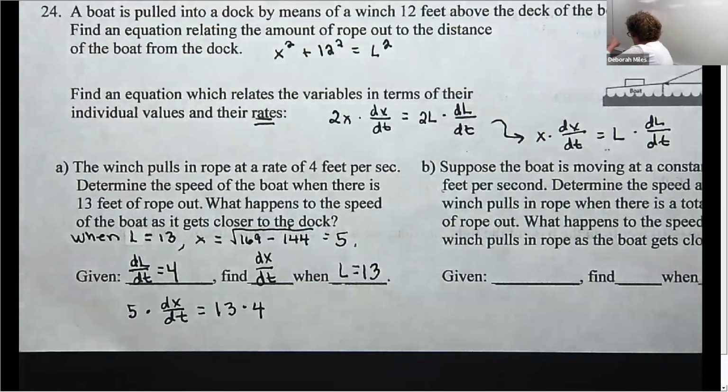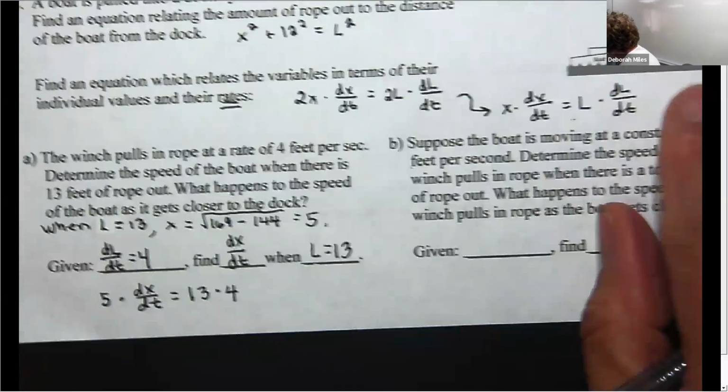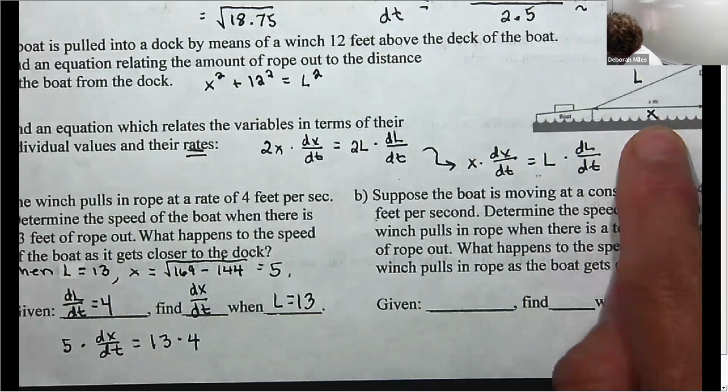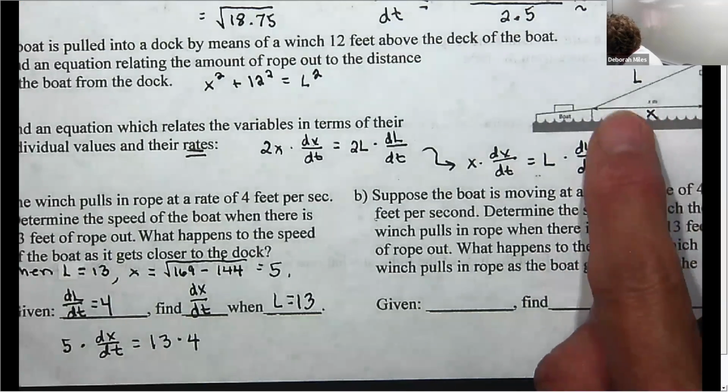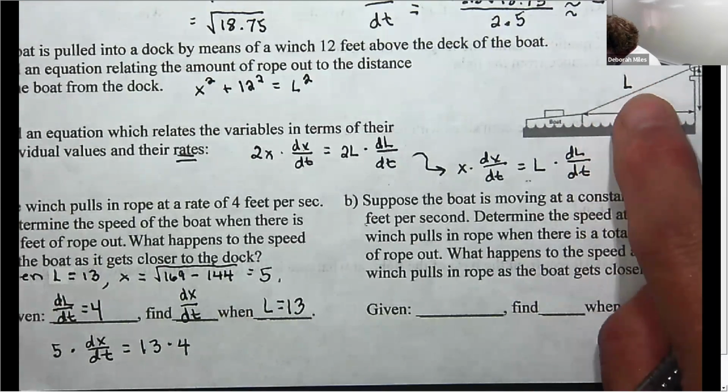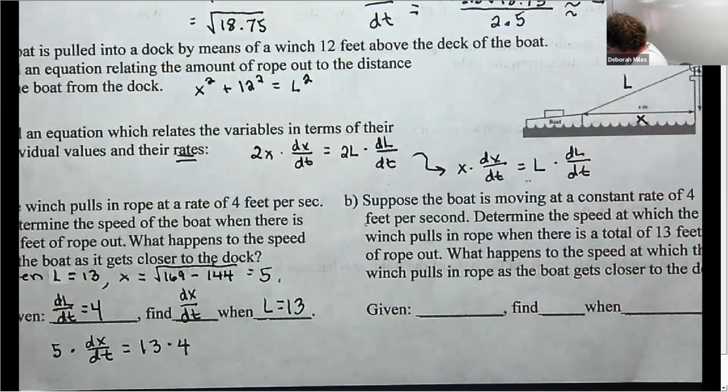There was something I didn't pay attention to, and that was the sign of each rate. Should dx over dt be positive or negative? Negative, because that distance is getting smaller. What about dL over dt? It'll be negative also because that rope is being reeled in shorter and shorter.